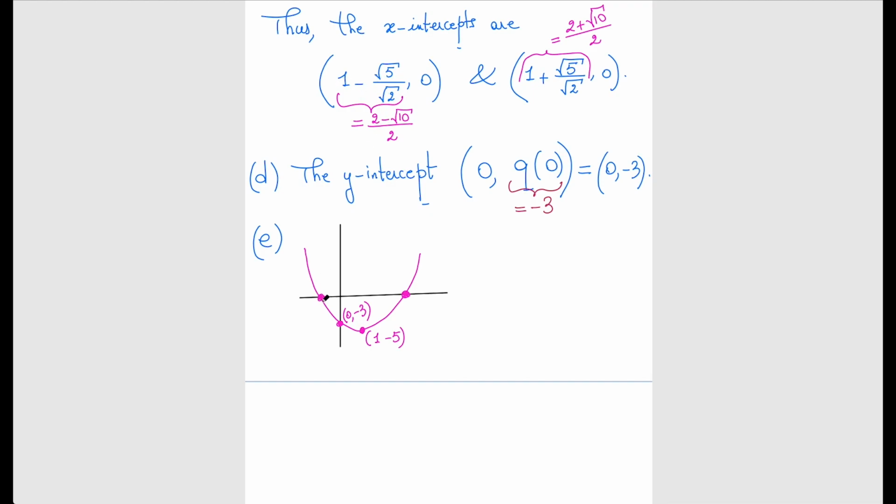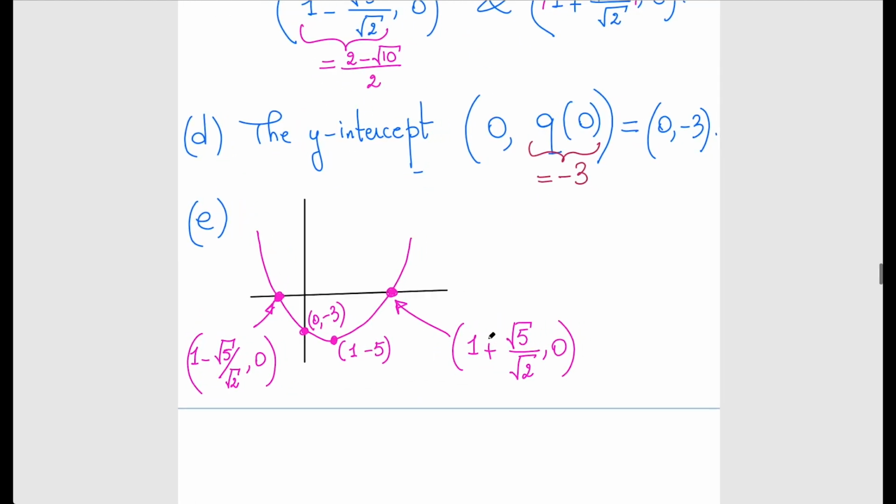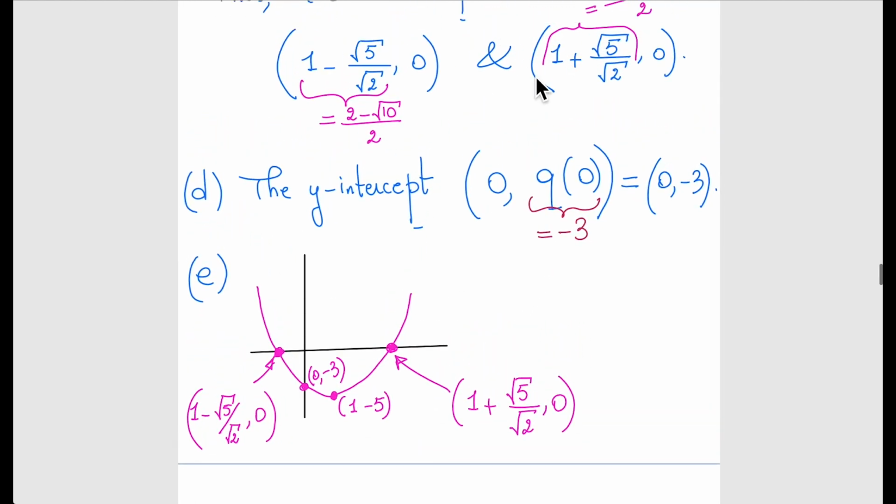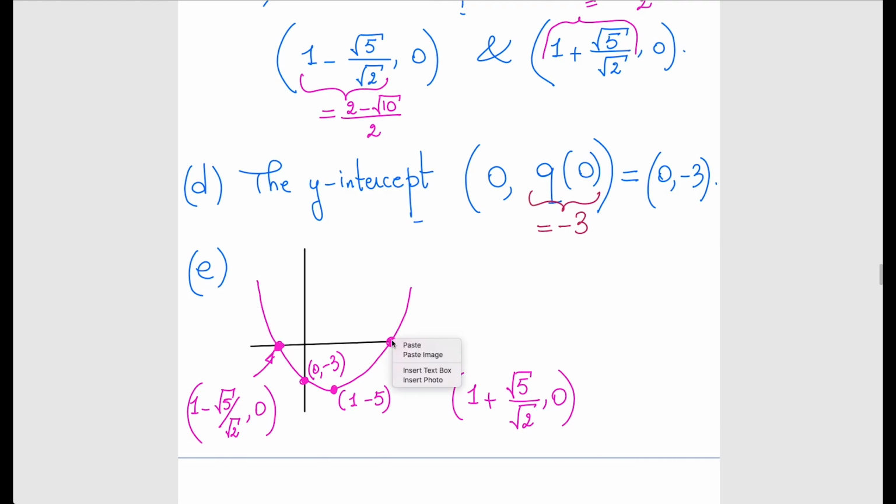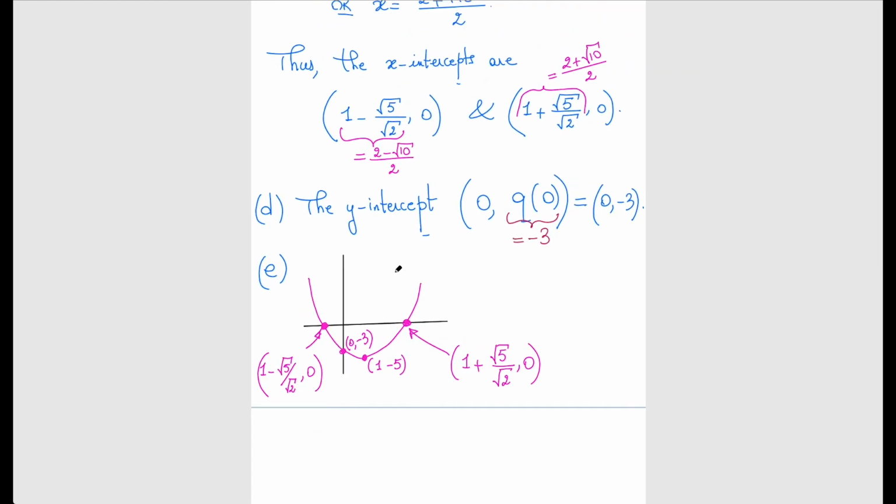So this guy is 1 minus square root of 5 over square root of 2 comma 0, right? And this guy is 1 plus square root of 5 over square root of 2 comma 0. Okay? So these are the x-intercepts. Okay. Part F.